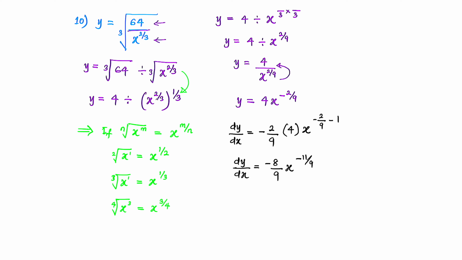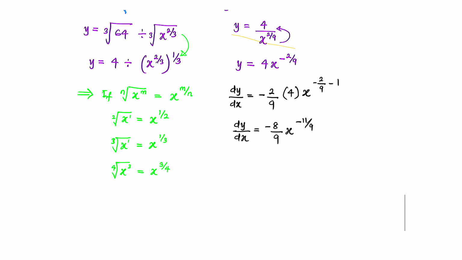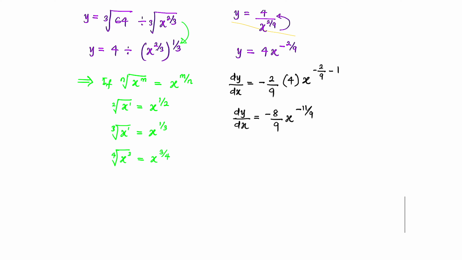That's the solution. We may leave it like this, or you may take it one step further. Taking it one step further, dy dx equals negative 8 over 9 multiplied by 1 over x raised to power 11 over 9.